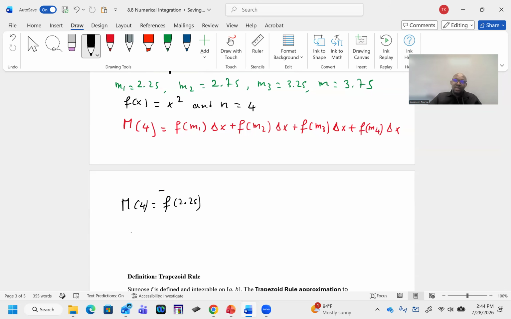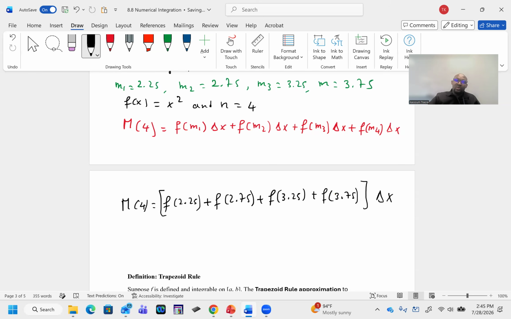So I'm going to use a bracket, because everything will be multiplied by delta x, plus f of M2, which is 2.75, plus f of M3, which is 3.25, plus f of M4, which is 3.75, times my delta x. I know delta x is 0.5.